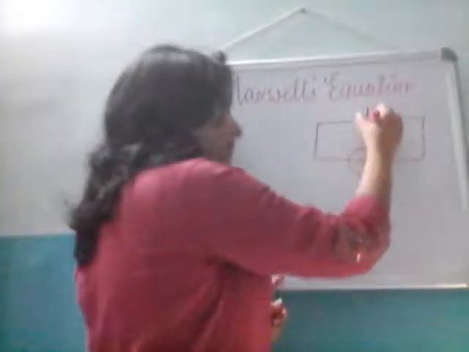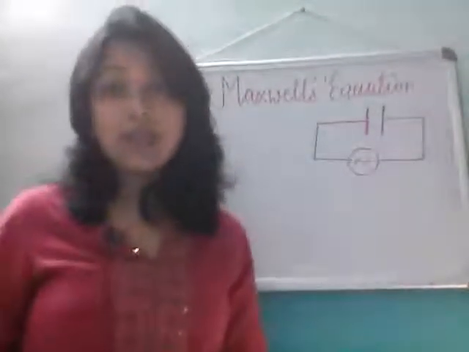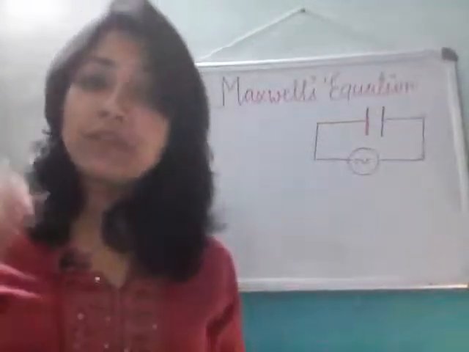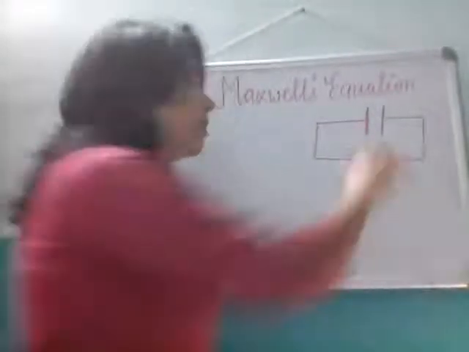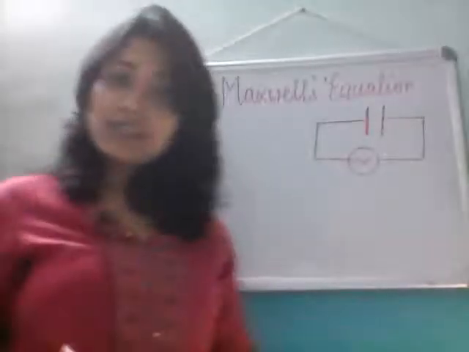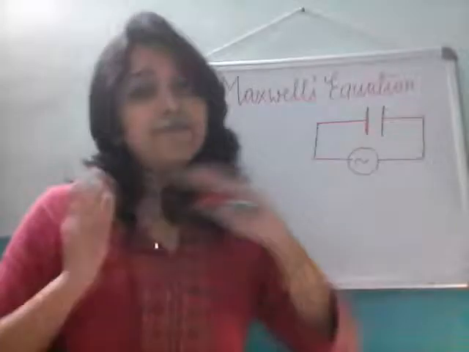This capacitor is a parallel plate capacitor, and for this experiment there was no dielectric medium inserted into it. That was only air. That means the two plates of the capacitor did not have anything filled inside.